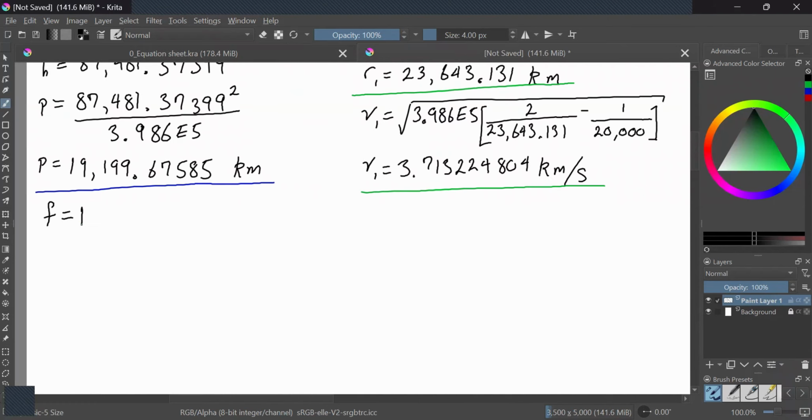So 1 minus, I'll tell you what, let me copy it over first. 1 minus cosine of delta theta.